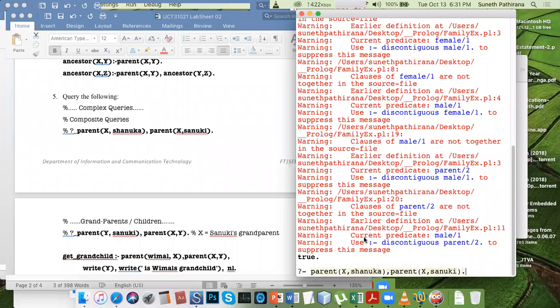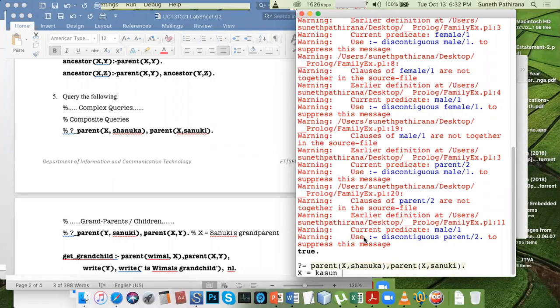That means this time we are going to figure out whether there are common parents of Sanuka and Sanuki. We check whether Sanuka and Sanuki are sharing the same parents. They can be half sisters or half brothers.